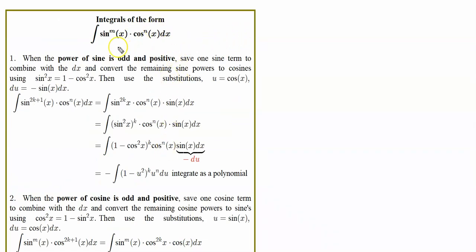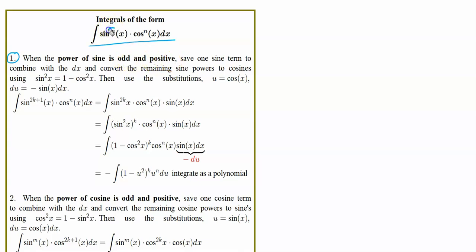Now here we have a table that summarizes how to handle integrals of this form in different cases, when m and n are odd or even integers. So the first case we're going to consider is when the power of sine is odd and positive.